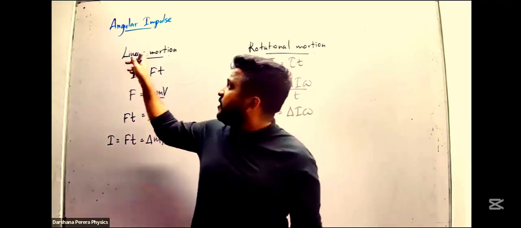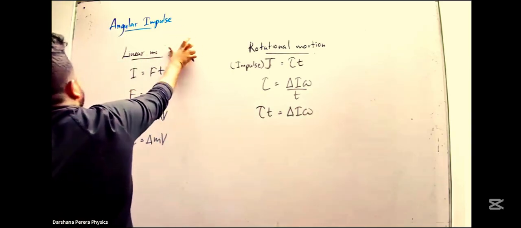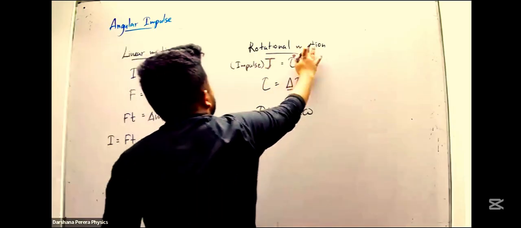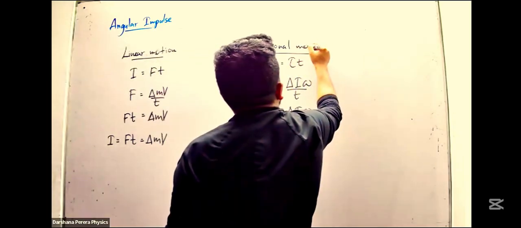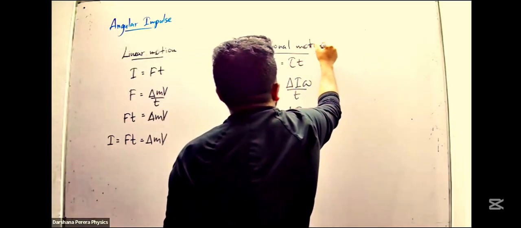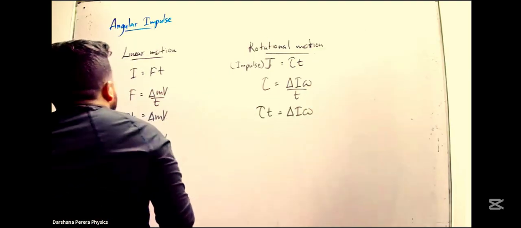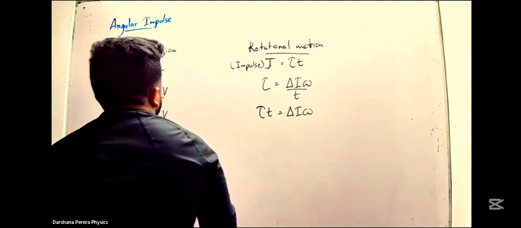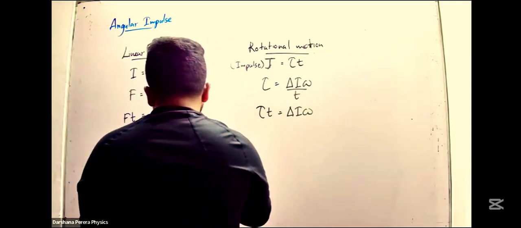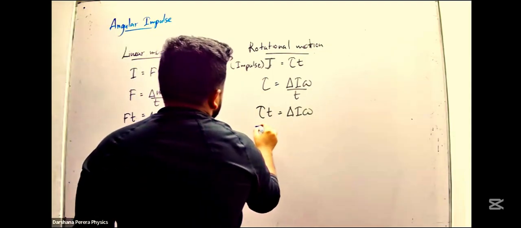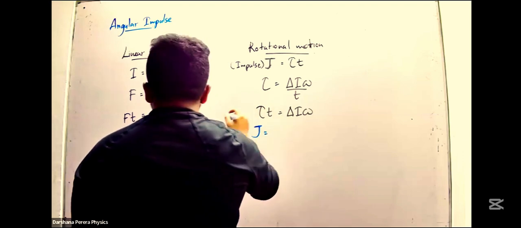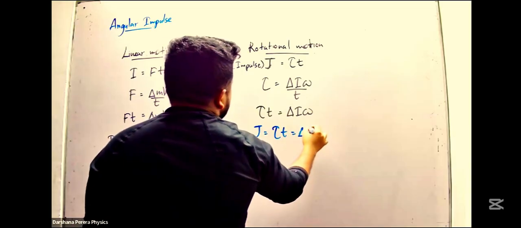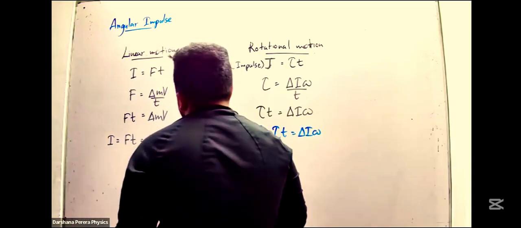We discussed that one. Likewise, in this case, J equals tau t equals delta I omega.